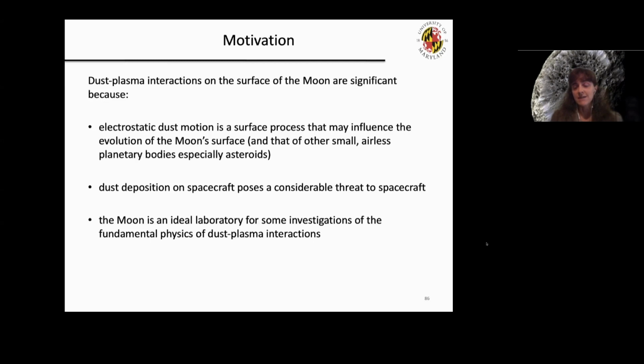So understanding these physics is really important for designing mitigation methods. And finally, the moon is a laboratory to investigate some of the fundamentals of dust-plasma interactions that we just can't replicate on the surface of the Earth. So it provides a unique environment to do some sorts of fundamental physics investigations as well. All right, so let's go to the next slide.